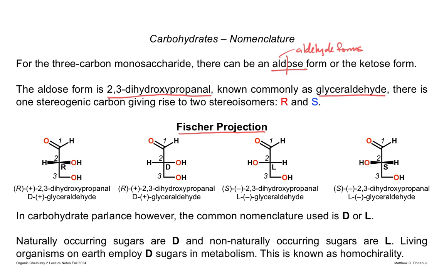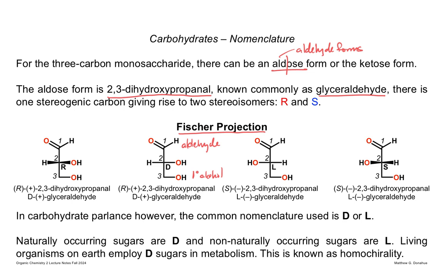And so you can see under the Fischer projection, the structure to the left, carbon 1 is an aldehyde, carbon 2 is a secondary alcohol, and carbon 3 is a primary alcohol. So for the aldoses, the aldehyde is at the top of the chain, and you'll always have a primary alcohol at the bottom of the chain. Then what changes is the number of secondary alcohols internally of the chain.